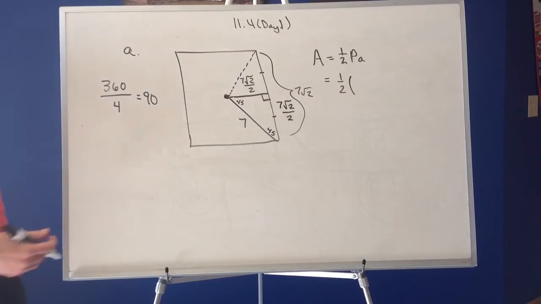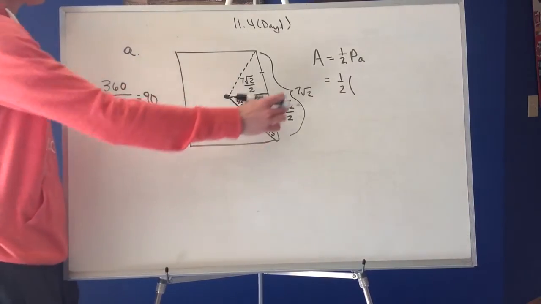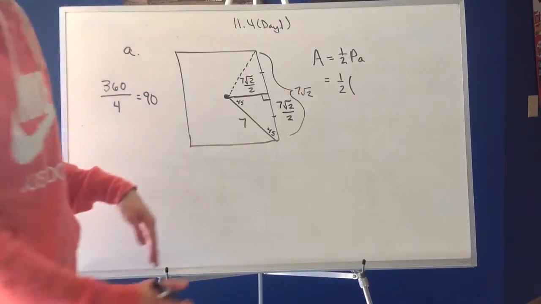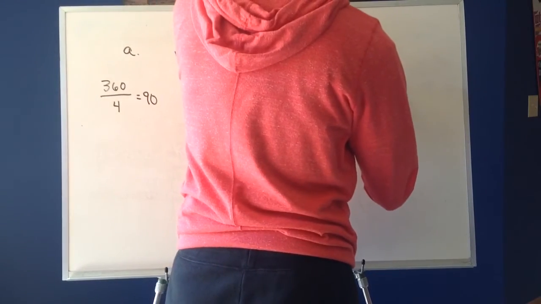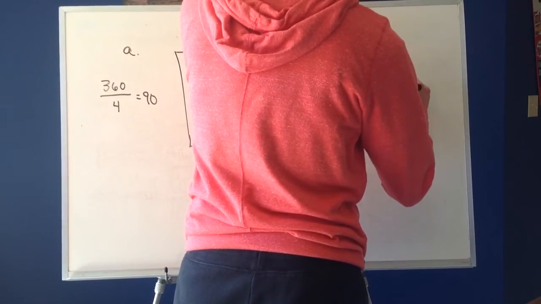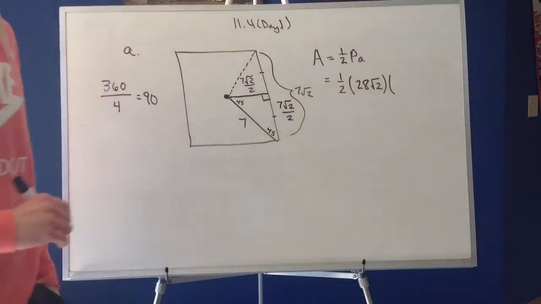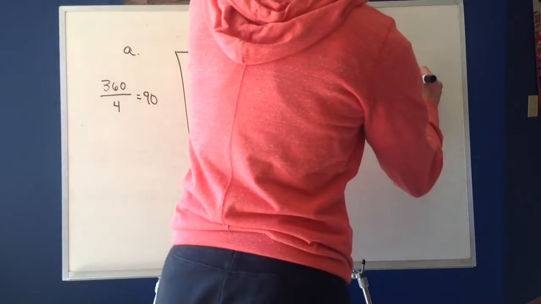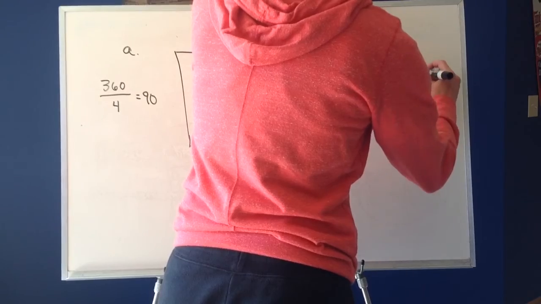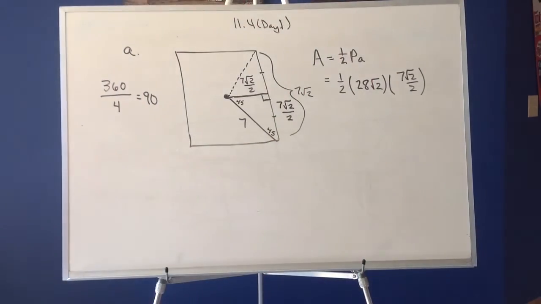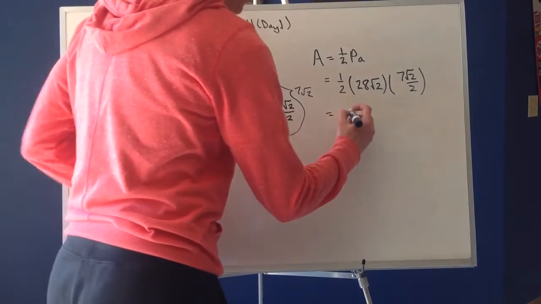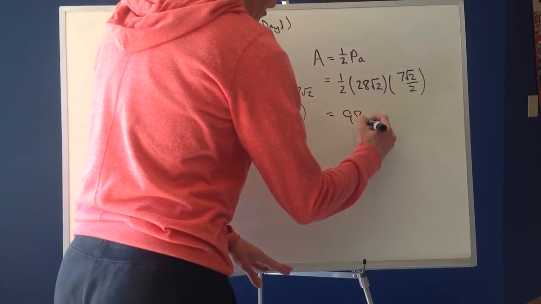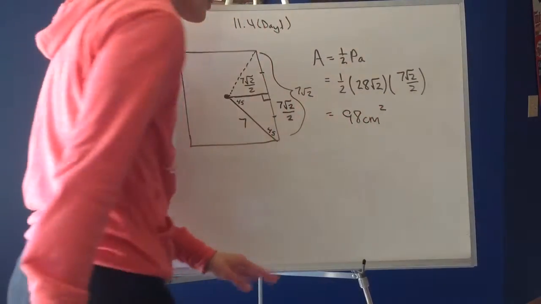Now you want perimeter, so there's 4 of those sides, so 4 times 7 square root of 2 gives me 28 square root of 2. And then you need to take it times the apothem, which we already found as well, and that's 7 square root of 2 over 2. Then it's just a matter of simplifying that, and when you simplify that, you'll get 98 centimeters squared.